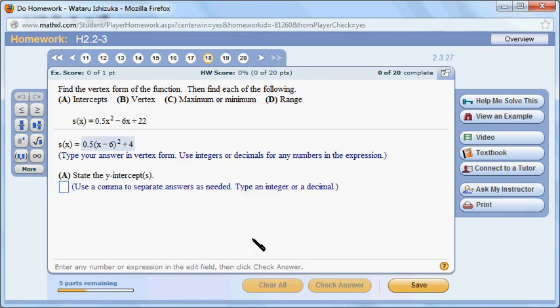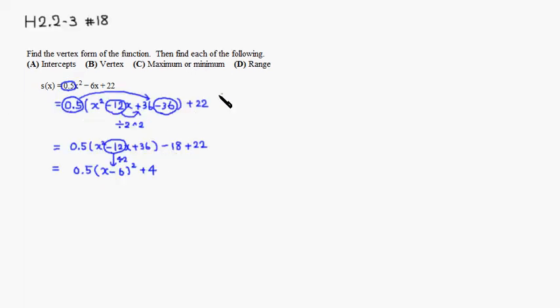All right, next one, state the y-intercept. So let's find the y-intercept. In order to find the y-intercept, we set x equals 0. So just plug in 0 for x.